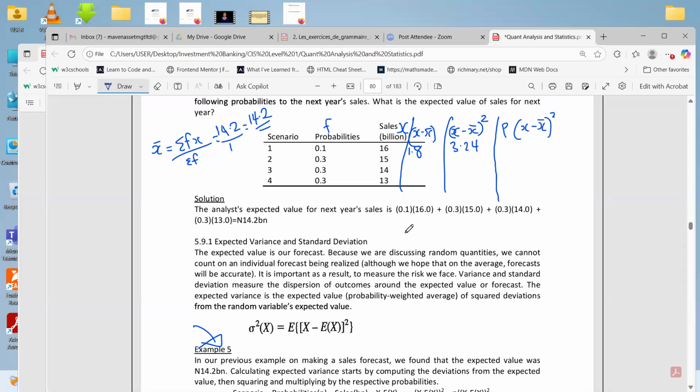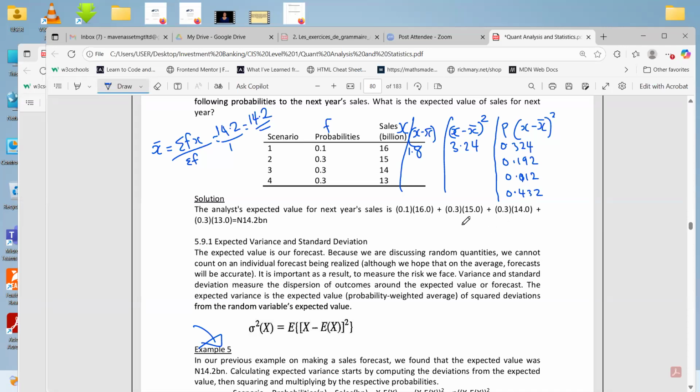Done, sir. All right, so call your values for me. 0.324, okay. 0.192, 0.012, 0.432. Are we good? Yes, we are.